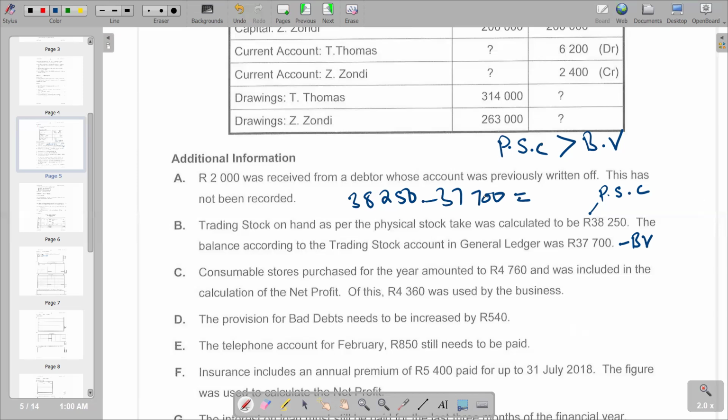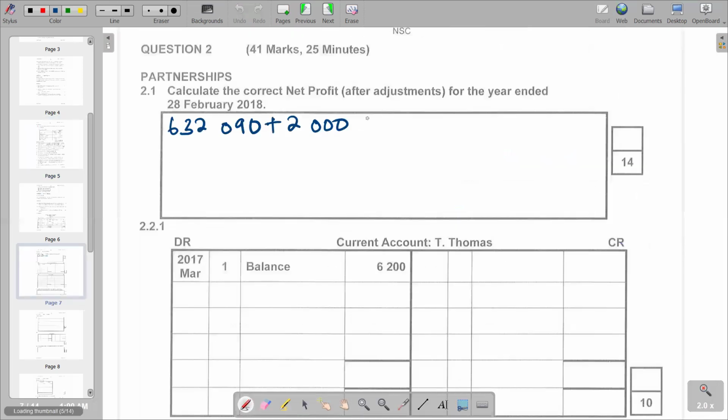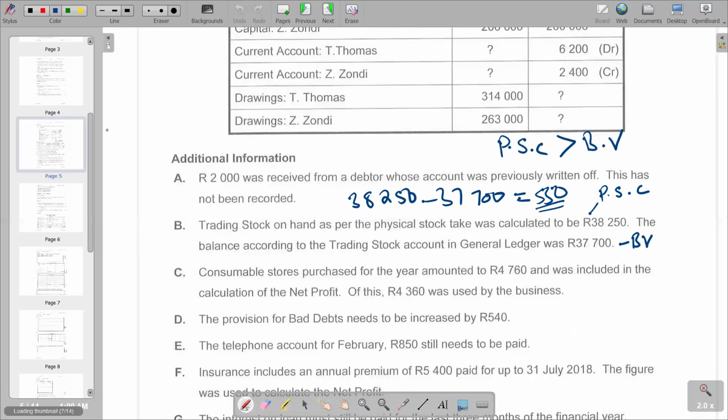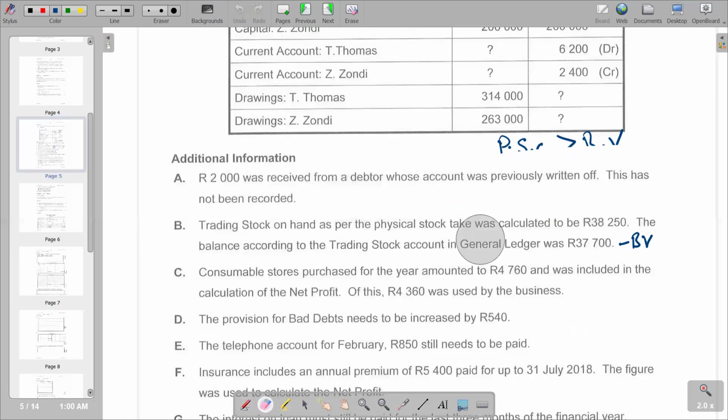The answer that you are supposed to get is 550. So we have a surplus of 550, which we need to add to our profits. So we come here and say again plus 550.